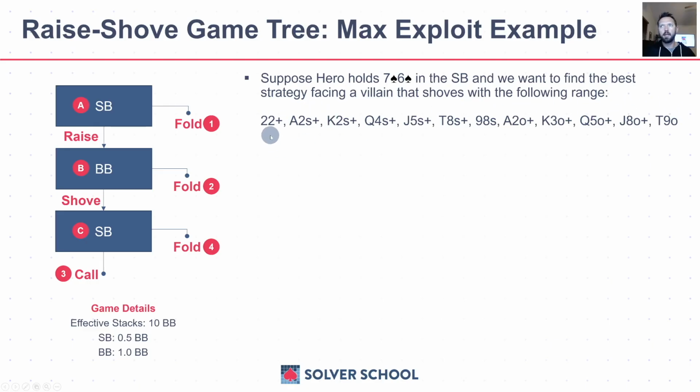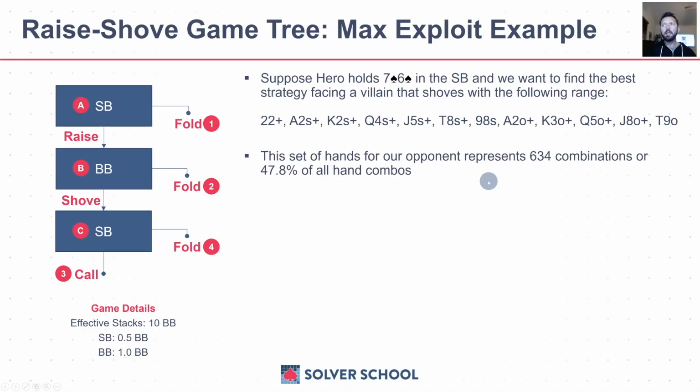So our opponent has all pocket pairs, ace-2 suited and better, so all suited aces, king-2 suited or better, or so all suited kings, queen-4 suited or better, jack-5 suited or better, 10-8 suited or better, 9-8 suited, ace-2 offsuit and better, so all offsuit aces, king-3 offsuit or better, queen-5 offsuit or better, jack-8 offsuit or better, or 10-9 offsuit.